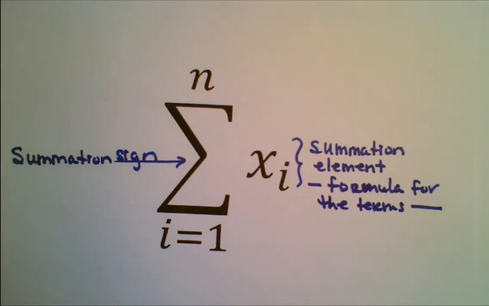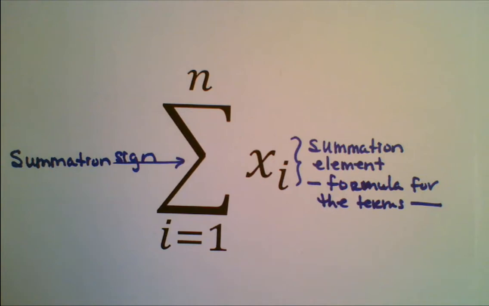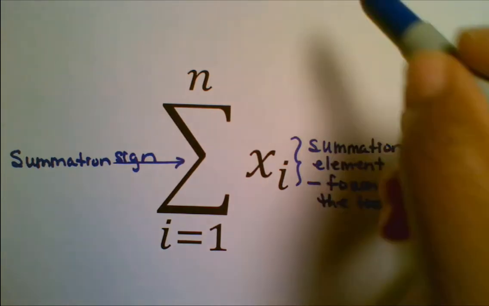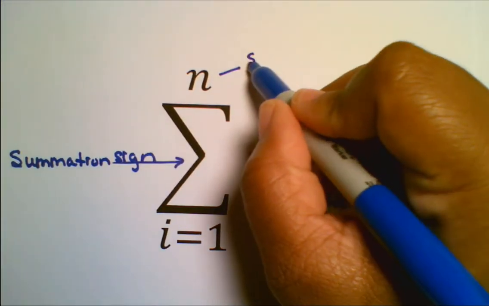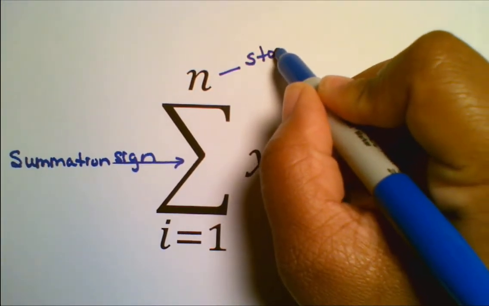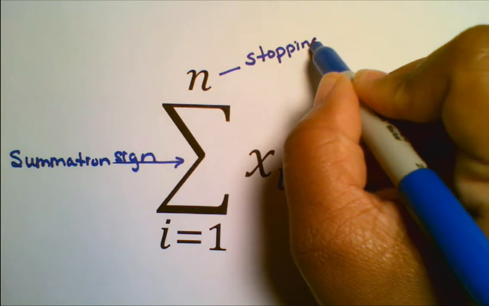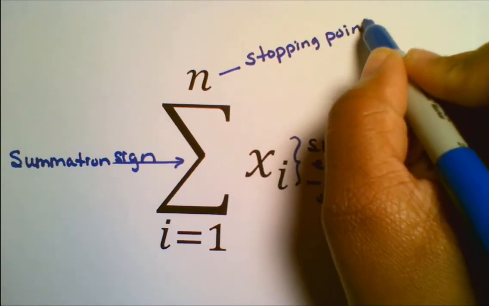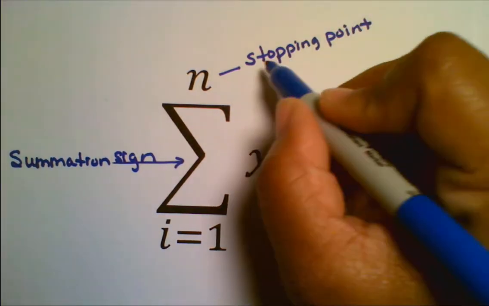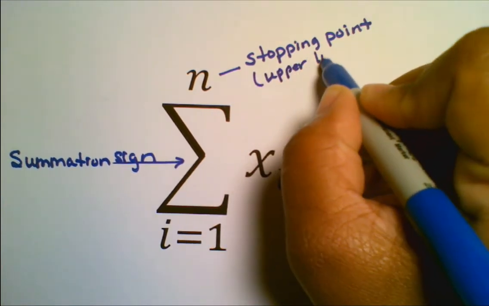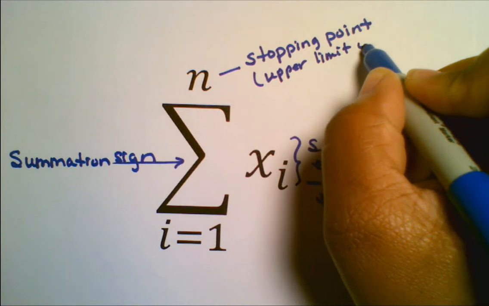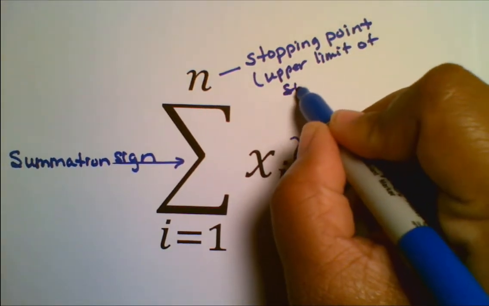The n, and I'm definitely going to give some examples after we cover the terms. The variable n represents the stopping point, which is the upper limit of our summation.